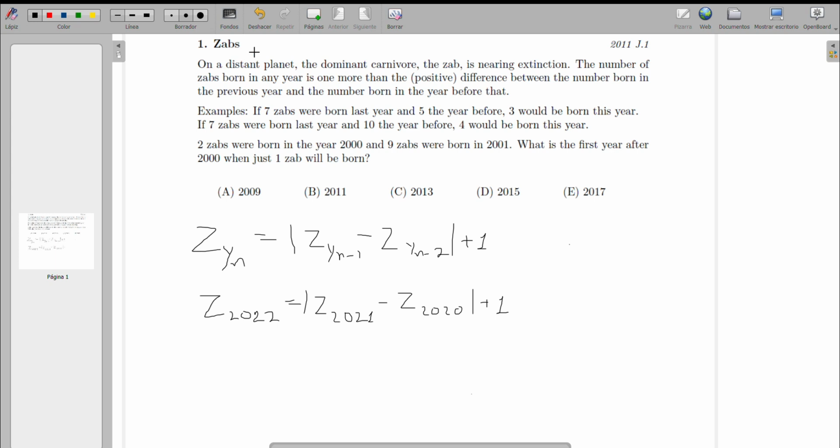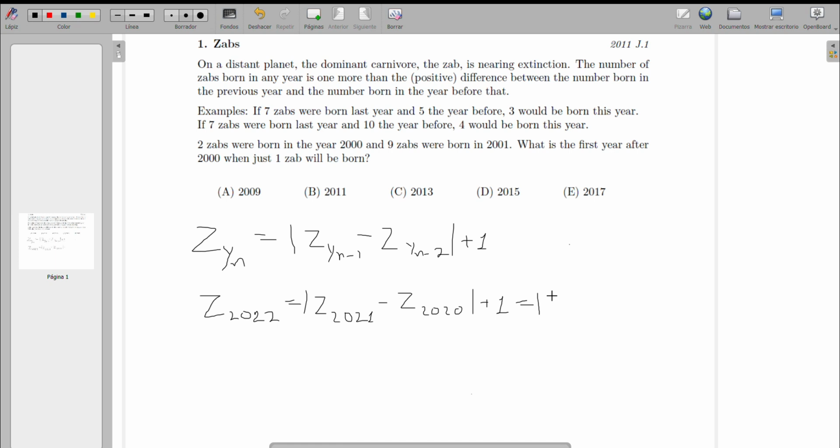The book gives us some examples. If seven sabs were born last year and 5 the year before, 3 would be born this year. So let's take those numbers and apply that to our example.